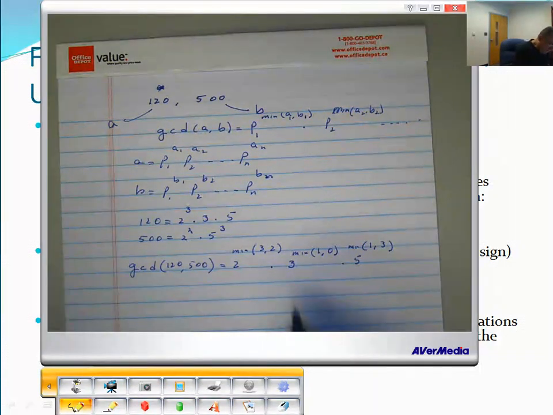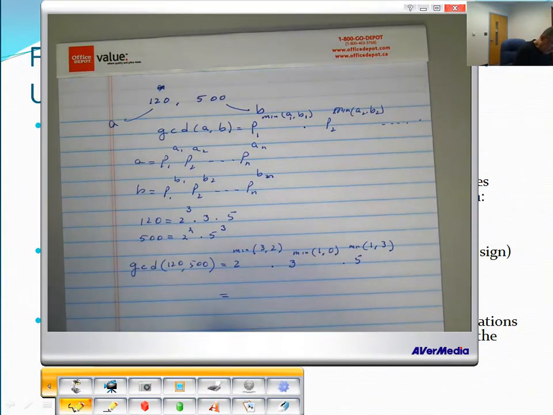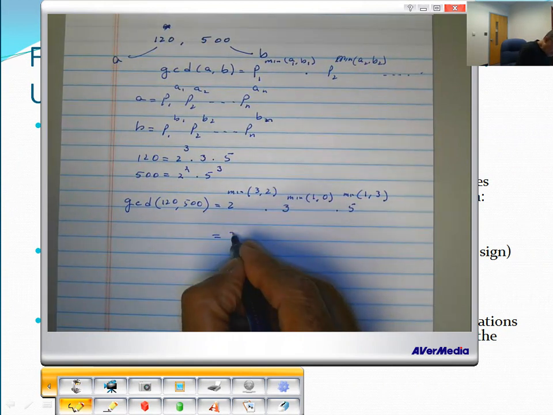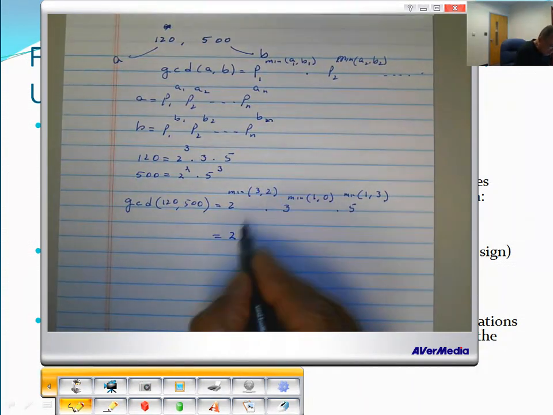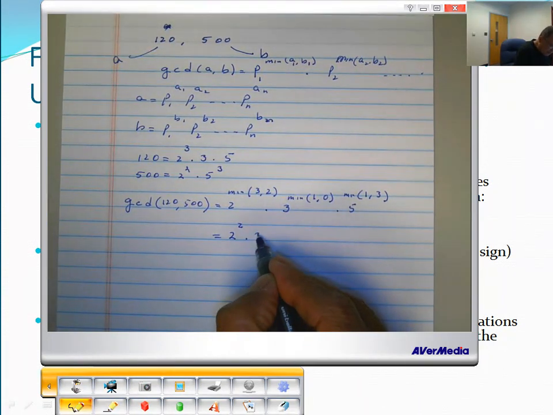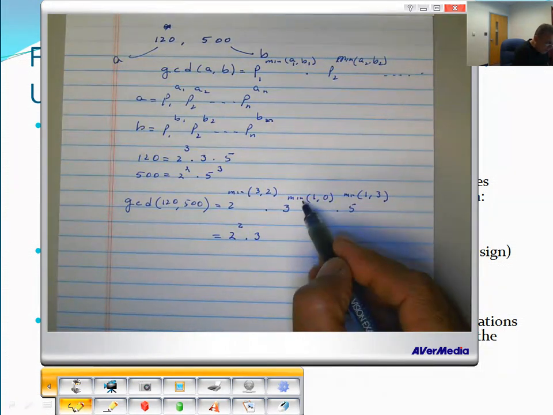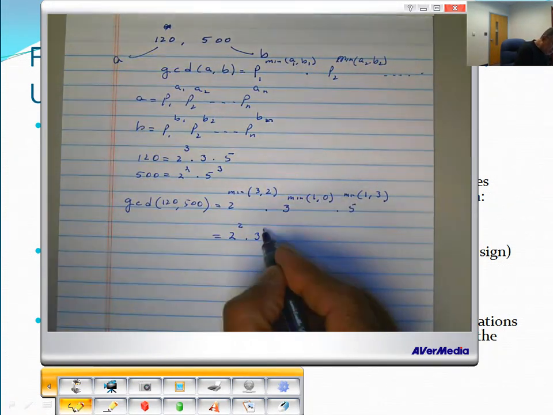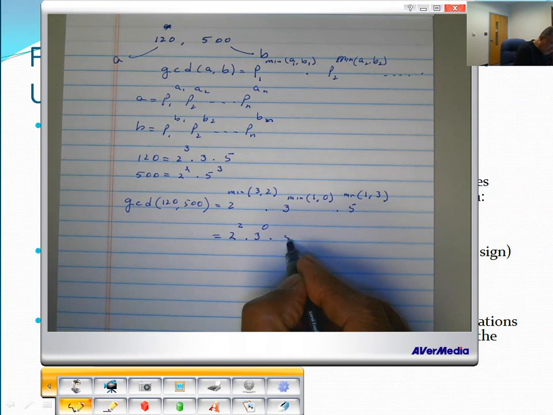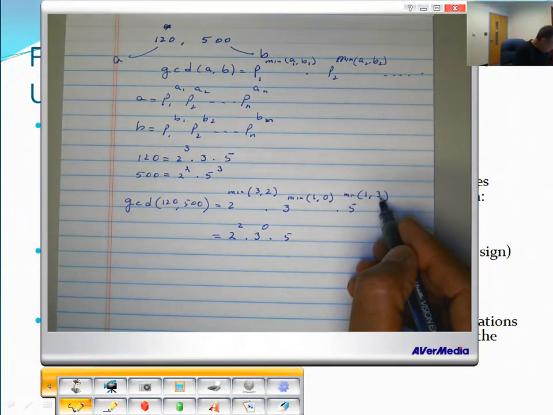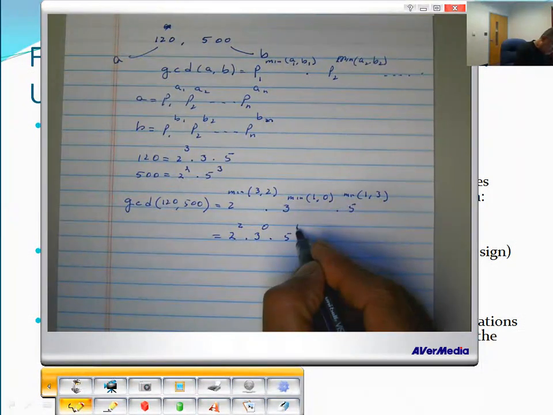So this is equal to 2 to the power of minimum of 3 and 2, which is 2, times 3 to the power of minimum of 0 and 1, which is 0, times 5 to the power of minimum of 1 and 3. Minimum of 1 and 3 is 1. All right?